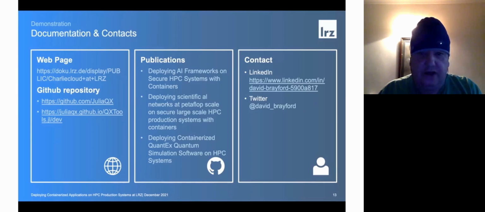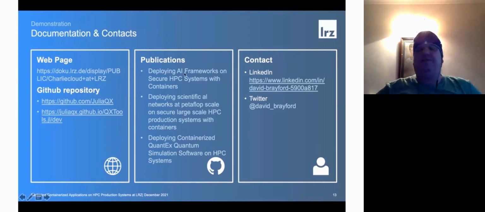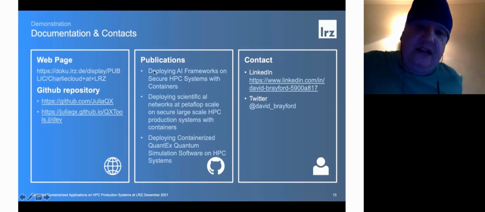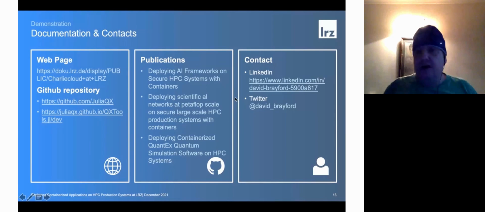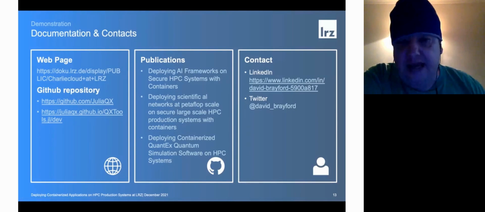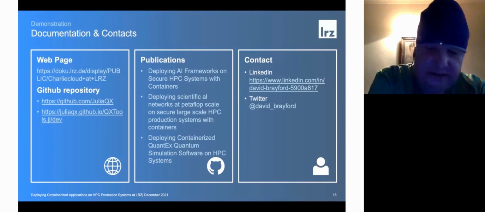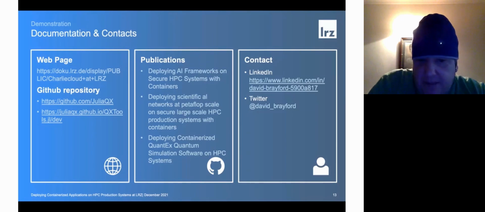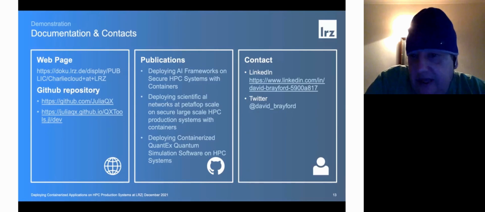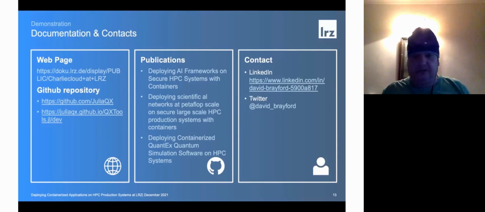We have the initial test where we published getting the AI frameworks running on a secure HPC system. The follow-up to that paper was getting it running at petascale. And then at Supercomputing, the Canopy Workshop, HPC Canopy Workshop this year, we published a paper on how to deploy the containerized Quantex quantum simulation on different HPC systems at LRZ.